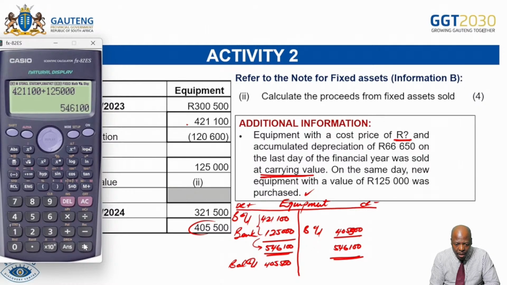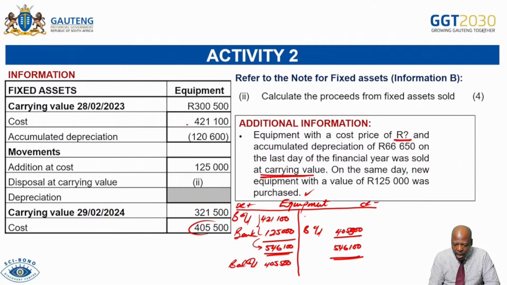That is going to give me 546,100, which is what I gave you here. Then I subtract the balance carried down of 405,500. That is going to give me 140,600. So here, the one that was sold, the asset disposal, is 140,600. That is the asset disposal.